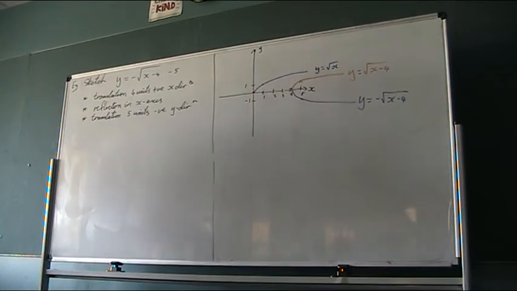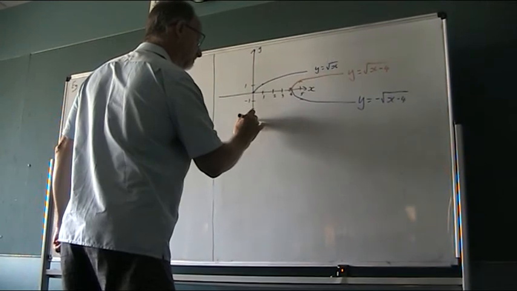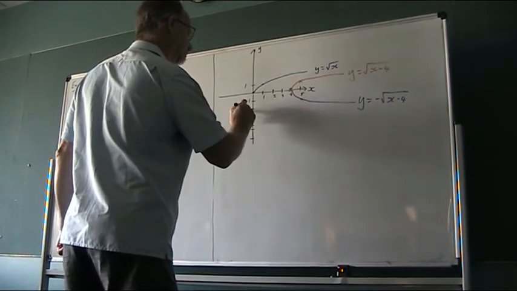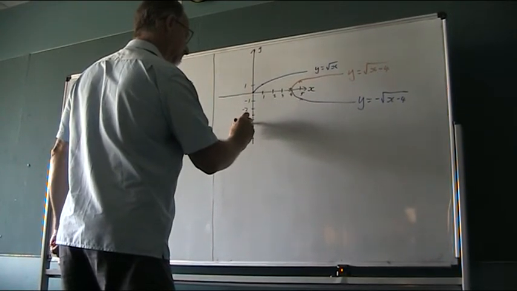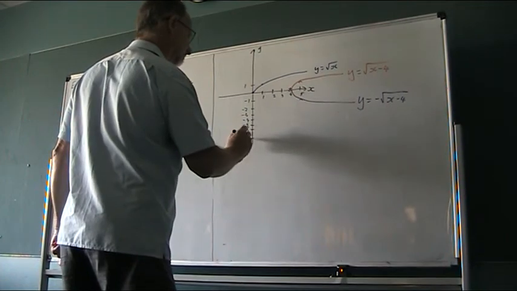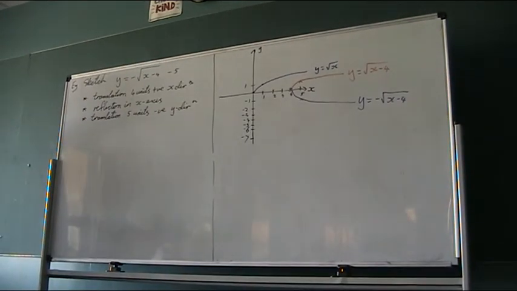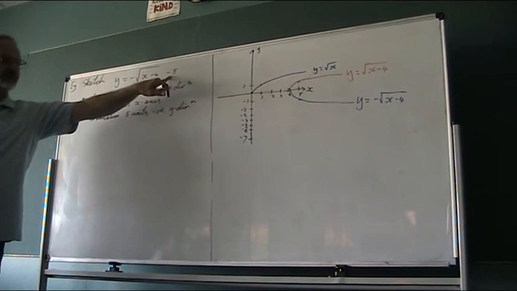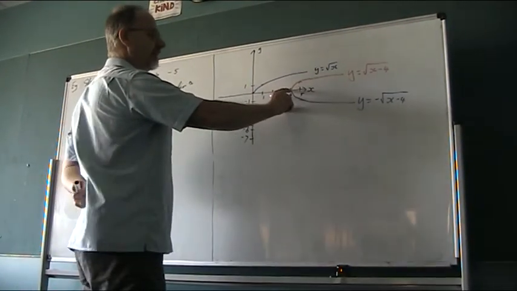Then, what do we do? It says take 5. So now we've got to take 5 off that.